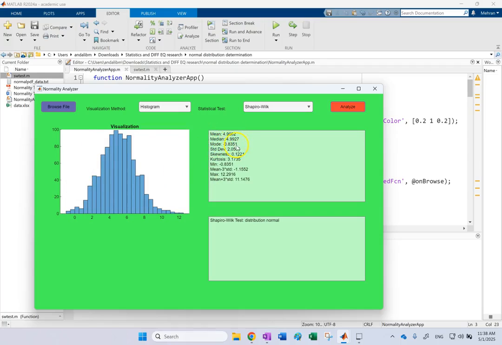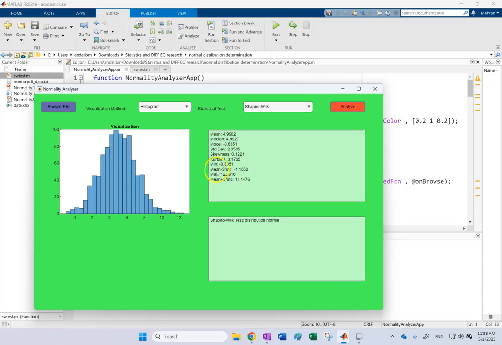Now, mode can easily throw you off, okay, because this is the place that data gets some maximum, and it depends on the mean. So mode alone could be misleading, but the fact that median and mean are very close, that's one good start. The fact that your skewness is close to 0, your kurtosis is close to 3, these are good starts.